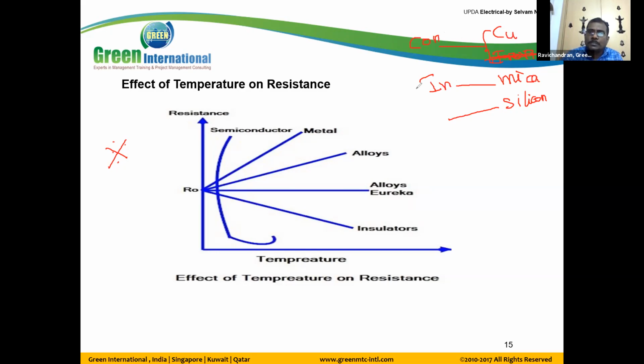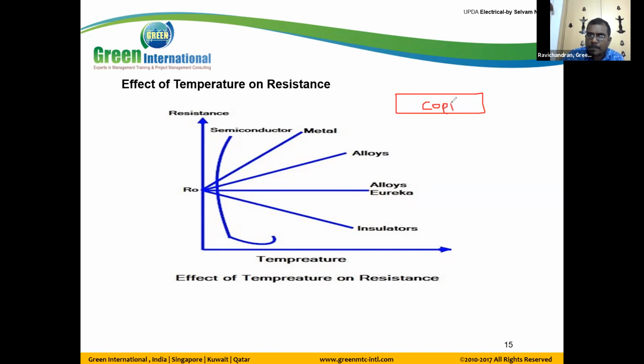So now we take copper. As I already told you, each and every metal has a predefined resistance value at 0 degrees Celsius.